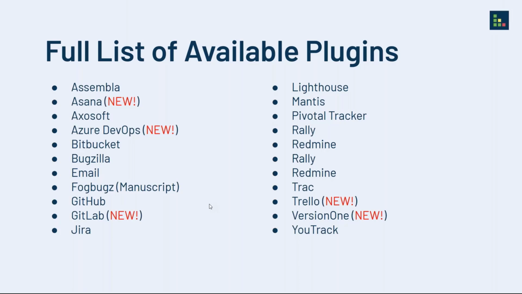So both server and cloud versions using 6.5 or later will have access to integrations with all of these tools out of the box, only requiring you to set up your instance URL and API tokens or whatever credentials are needed to integrate with your tool. As you can see, Asana, Azure DevOps, GitLab, Trello, and VersionOne are new, but we also had 15 previous integrations available out of the box. Now we're up to 20.